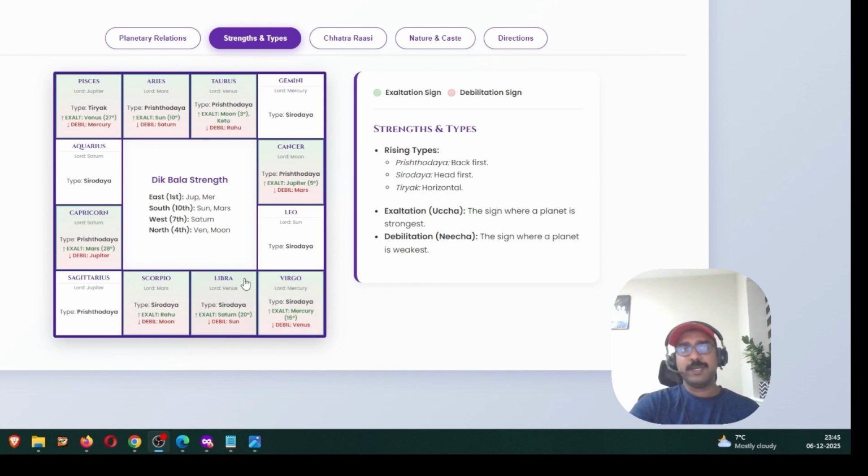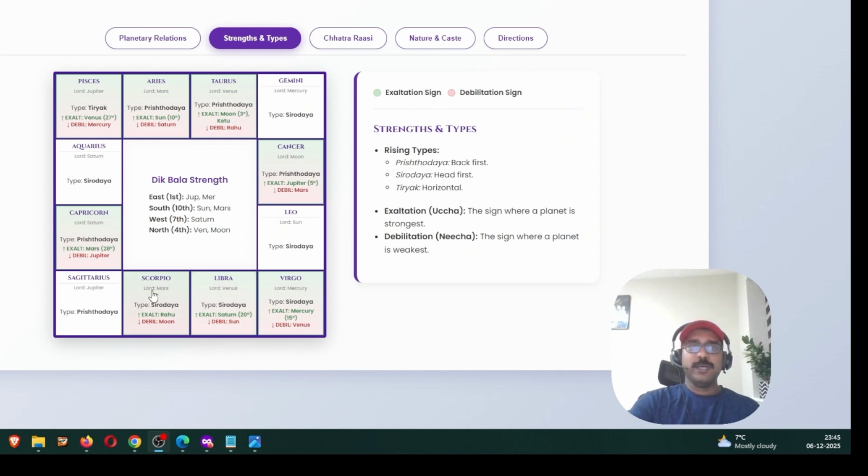And for Libra, this is Shirodaya, and exaltation for Saturn, and debilitation for Sun. If you see, a planet is exalted and debilitated exactly at the 7th. Sun is exalted in Aries, but 7th from the Sun, Libra, it is debilitated. And likewise for Saturn, Saturn is debilitated over here, but in Libra, it is exalted.